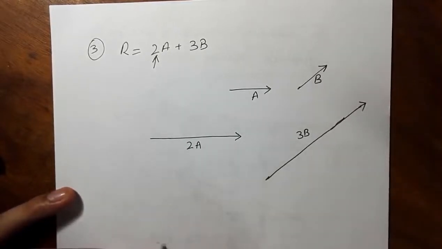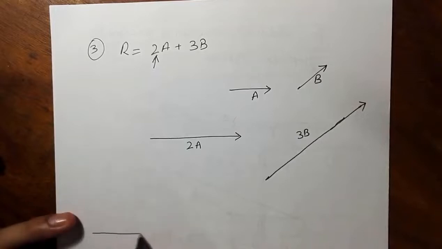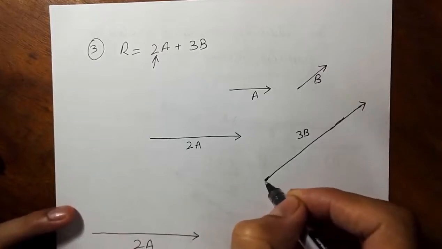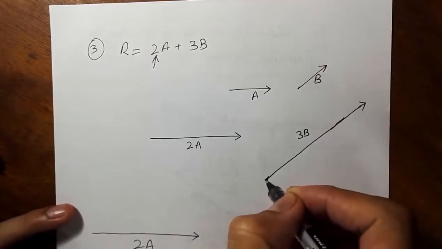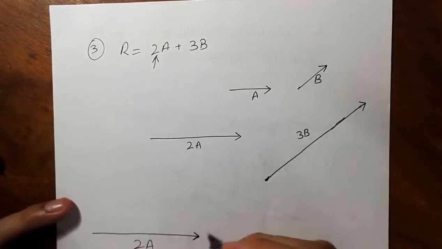So I draw over here, this is 2A. Now I'll just place the tail of vector 3B on the head of vector 2A, so it will be like this.